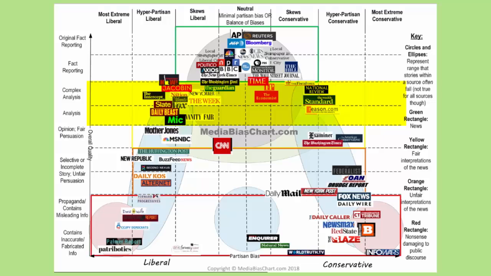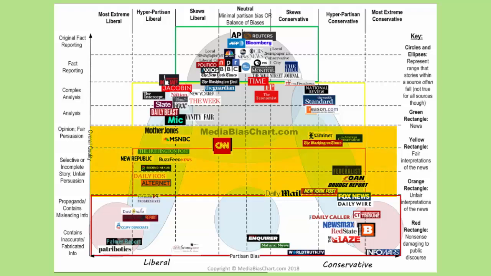Below that on the chart, you'll see sources that tend to publish articles that do some amount of analysis on a problem, but their primary objective is to persuade the reader to come away with a certain verdict from their perspective. These articles can be written fairly in terms of portraying the problem and the other side's argument with accuracy, or unfairly by leaving out portions of the debate or mischaracterizing a problem.